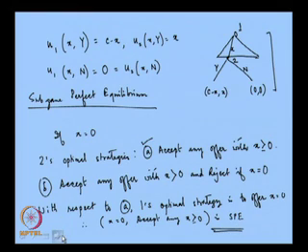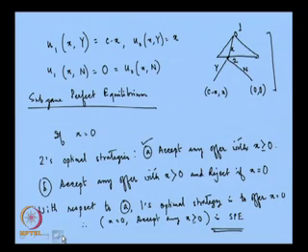But what happens if player 2 adopts the second strategy, which is also optimal for him, that he is going to accept any offer if x is positive and reject if x is equal to 0?